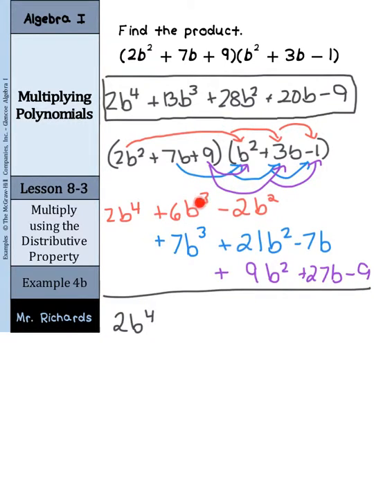Our then 6b cubed plus 7b cubed is simply 13b to the 3rd. Then negative 2 plus 21 is 19, plus 9 is 28, so 28b squared. For our b's, negative 7 plus 27 is 20b, and then we just have our minus 9.